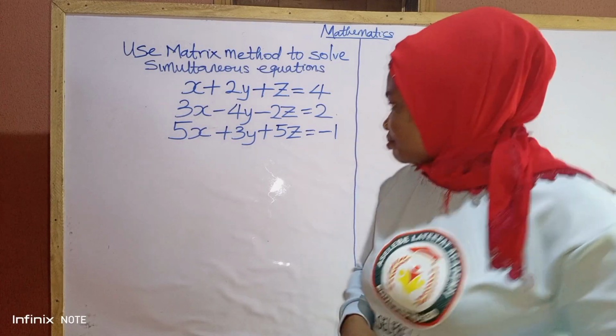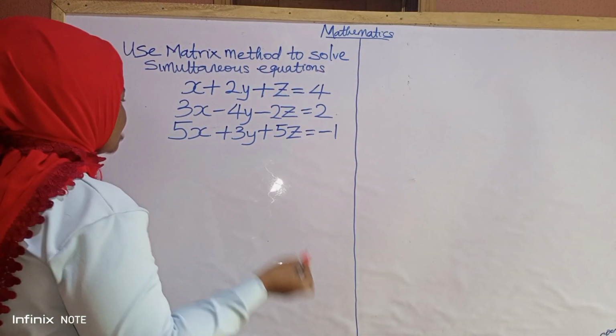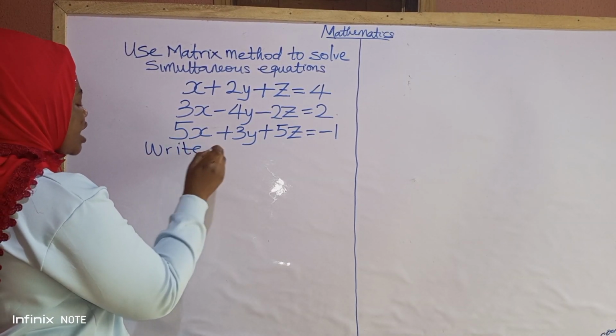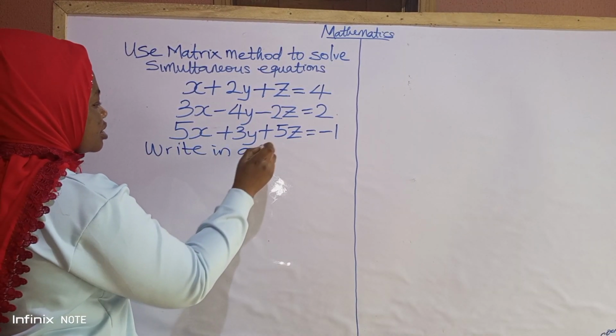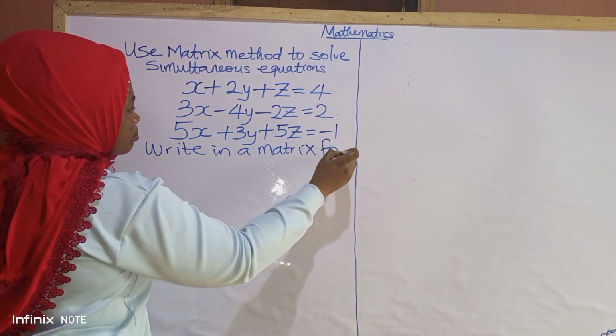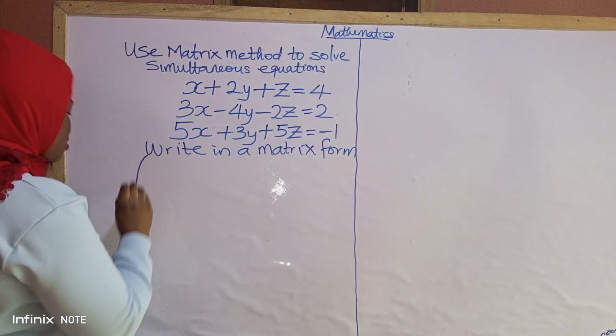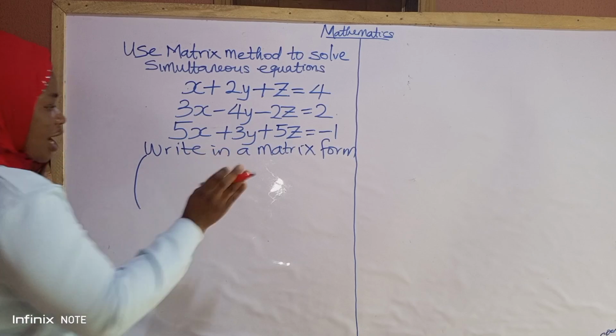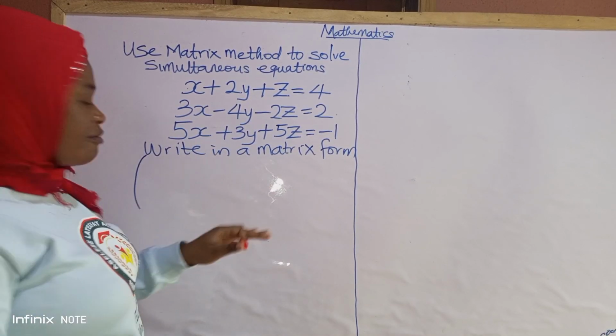So follow me. The first thing is that we have to write it in matrix form. The coefficients of all these unknowns, we are going to arrange them in a rectangular pattern.